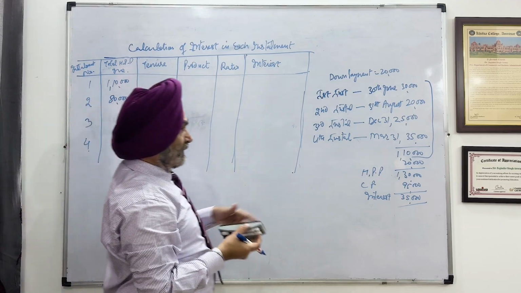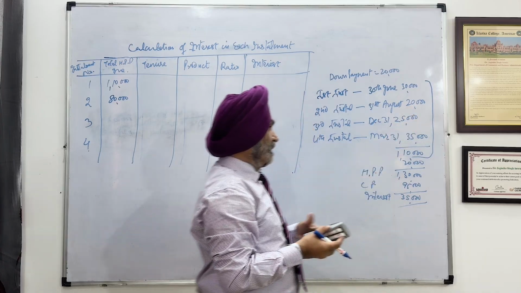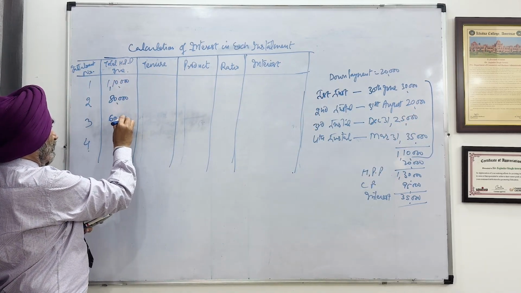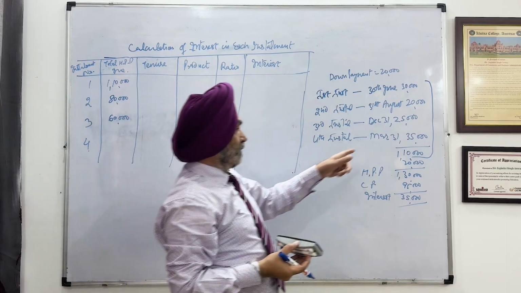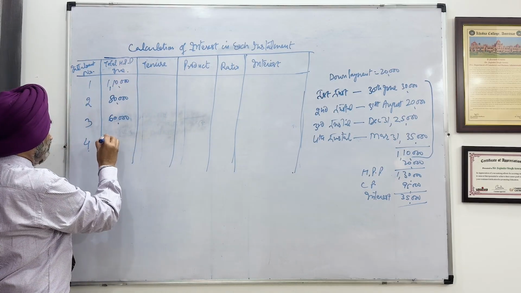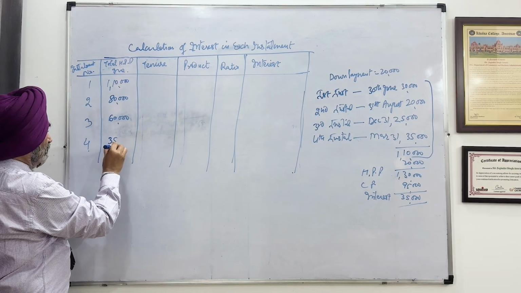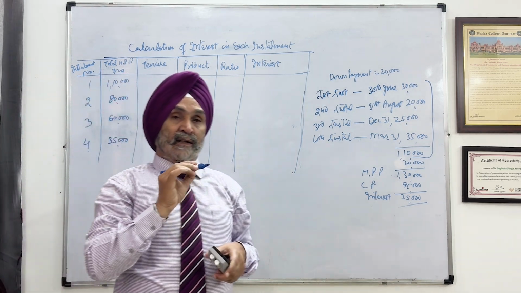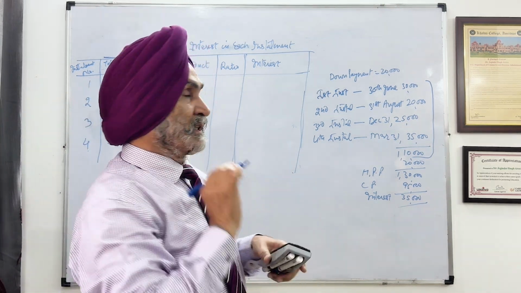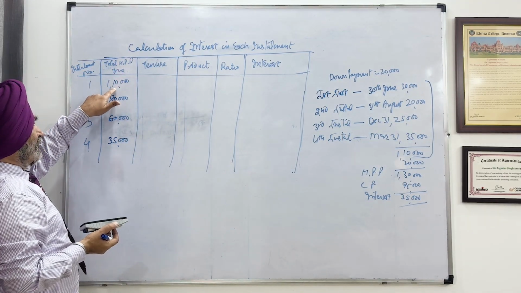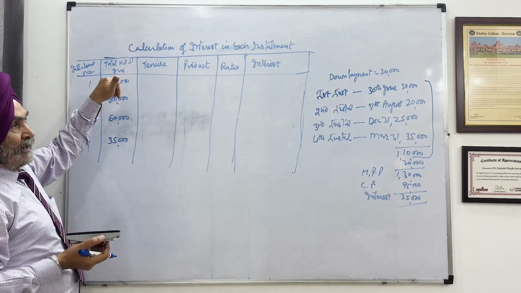At the time of third, this is also excluded, it means 60,000. At the time of fourth installment, this is also excluded, it is 35,000. So this is the hire purchase price due at the time of each installment.